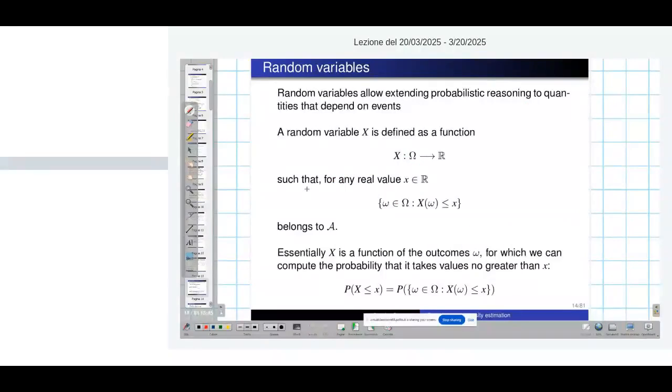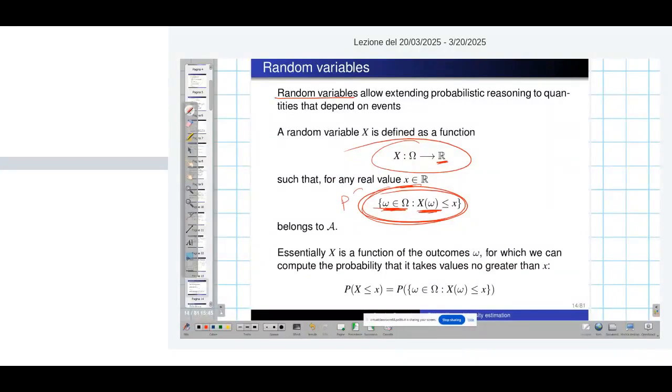Next, the other thing that we will need, actually the only thing that we will need, are random variables. Random variables are functions defined from events to the real line, and they are defined in such a way that for any real value x, we can compute the set of outcomes for which the random variable takes a value lower or equal to x, and this is an event.